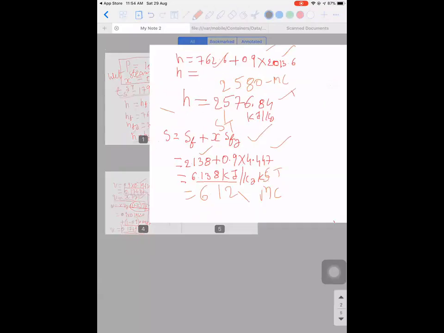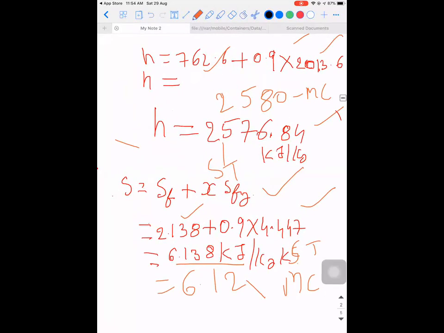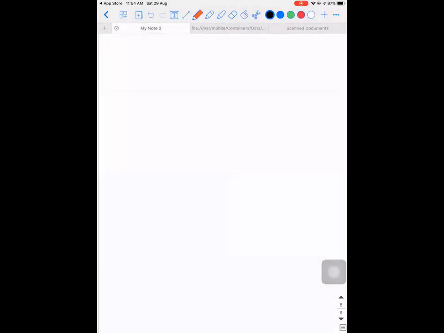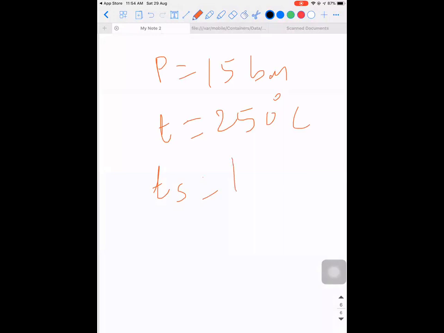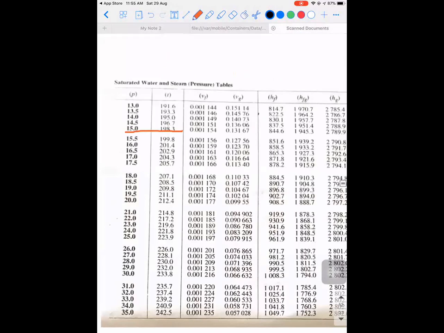Here I'm going to write: pressure P equals 15 bar, and the temperature is 250 degrees centigrade. And the saturation temperature against 15 bar is 198.3. Here you can see, 198.3.